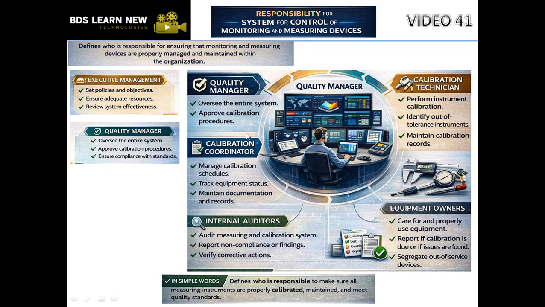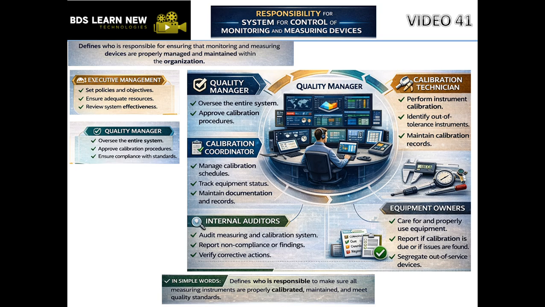But from which input he can decide these things. Now there are other people who are also working like under this, like we have equipment owners. What are the equipment owners? They care for and properly use equipment. Report if calibration is due or if issues are found.